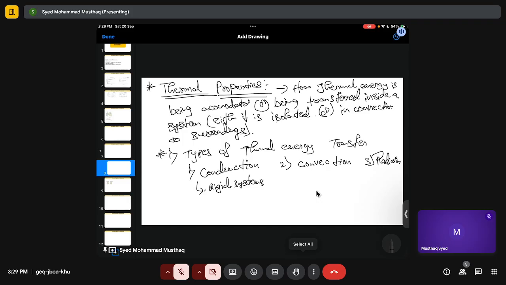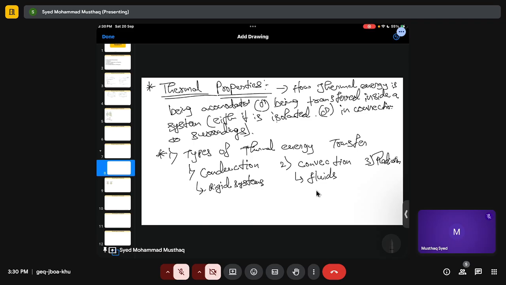The second thing is, if you have a matter and that matter is deformable, that is where you will have fluids. What do you mean by fluid? Fluids are those that, whenever you try to deform them, will try to accommodate that energy. But solids cannot accommodate that energy. If you try to deform, they will deform.